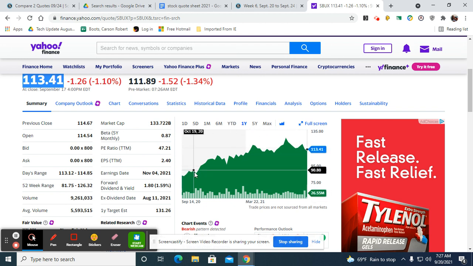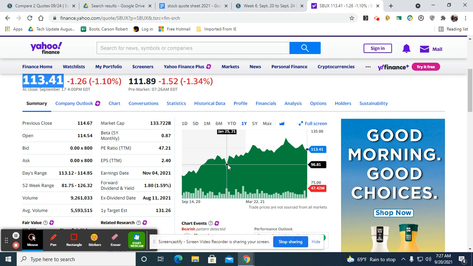So you can see the ups and the downs of the stock market, and you can also see how people panic when it goes down and they sell, but they need to look long term. When they look long term, even though this stock has its ups and downs, it's still higher than it was a year ago, by about 40. So keep that in mind as you're looking at companies.